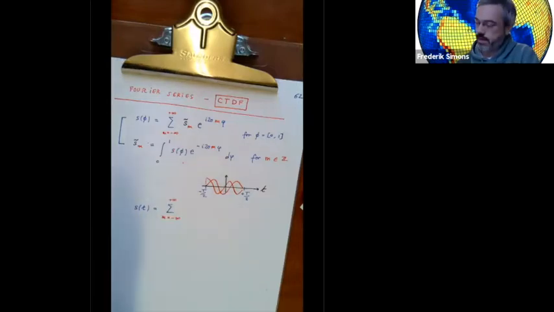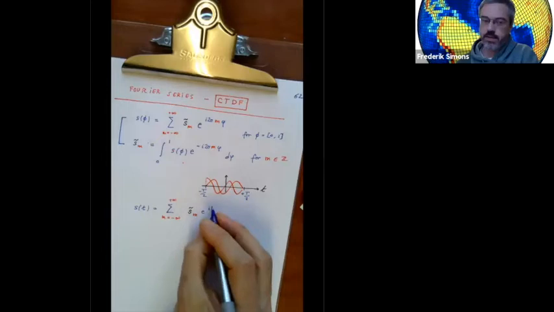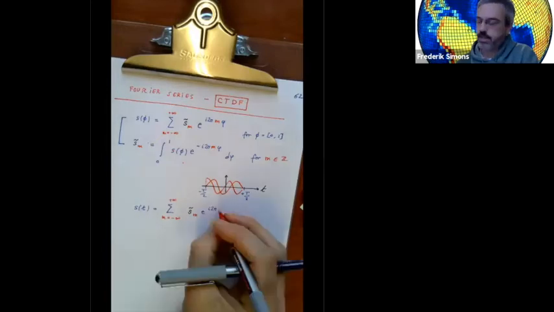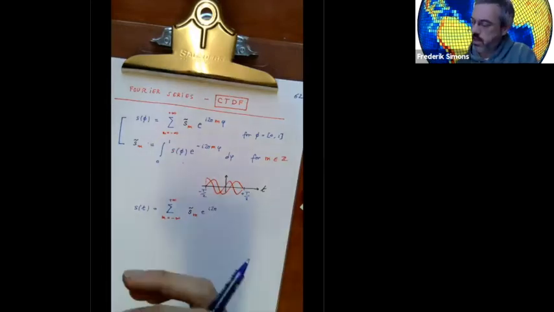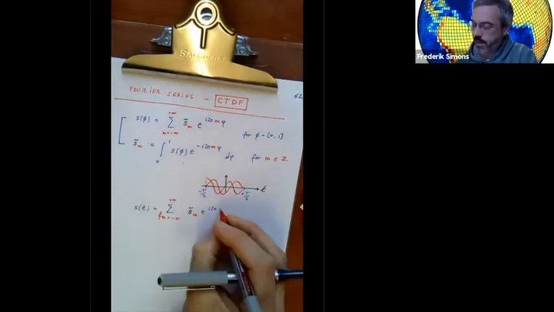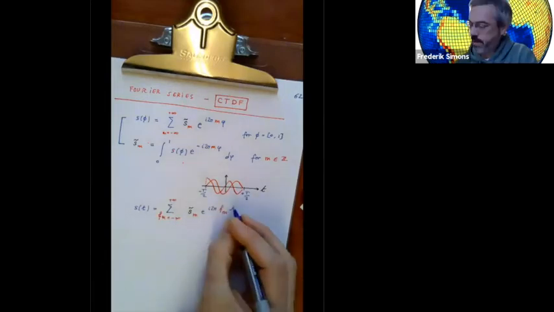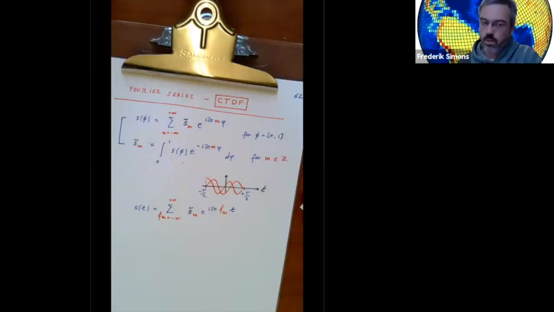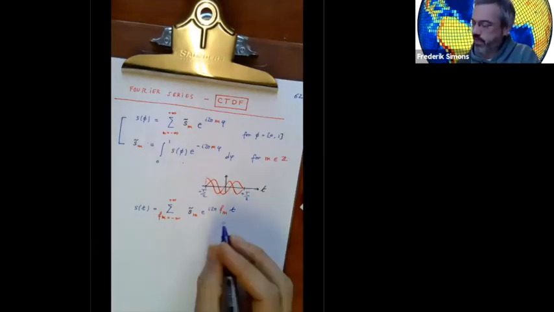I will have my S wiggle of n, and I will have my e to the i 2 pi f sub n times the time variable t, whereby f sub n is my frequency.